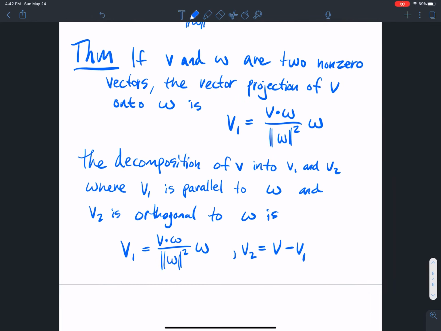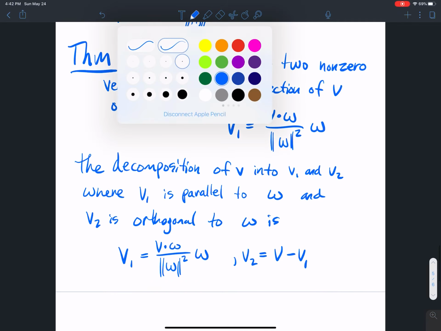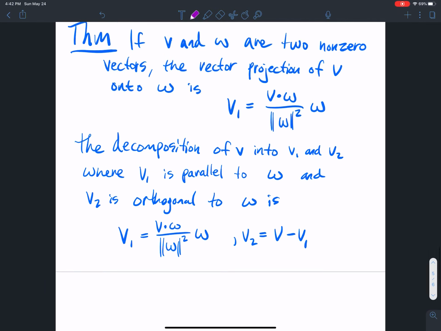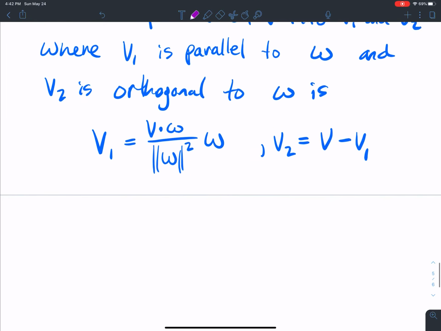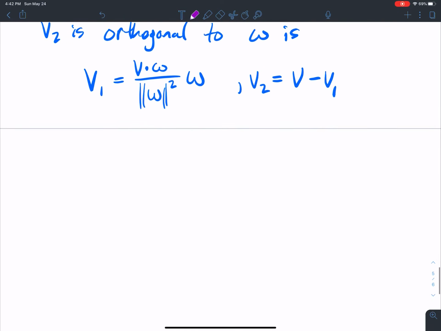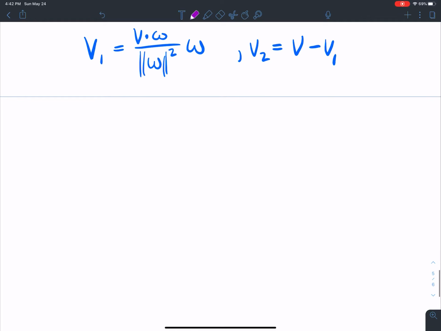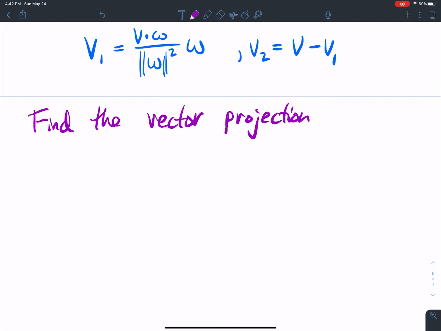Okay, so let's use this theorem to find the decomposition of two vectors. I want to find the vector projection of V equals i plus 3j onto W equals i plus j.